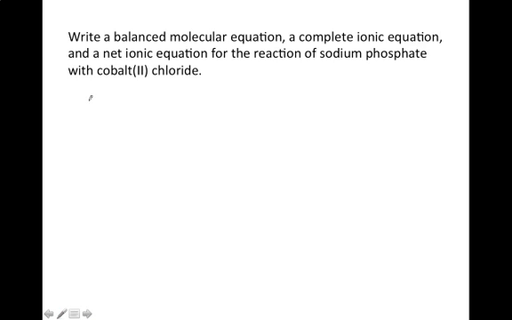Okay, complete balanced equation for the reaction of sodium phosphate, Na2PO4. Oop, and that's not going to be right because it's not Na2, it's Na3. So we make that a 3. PO4 is just 1. Okay, so we really don't need the parentheses.